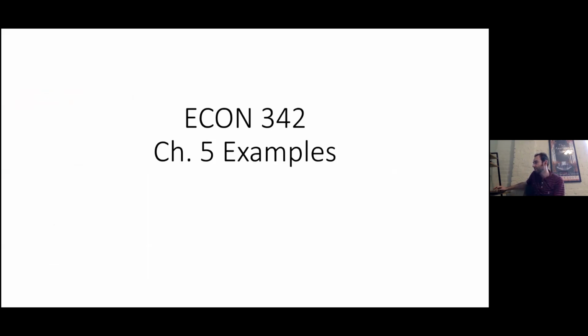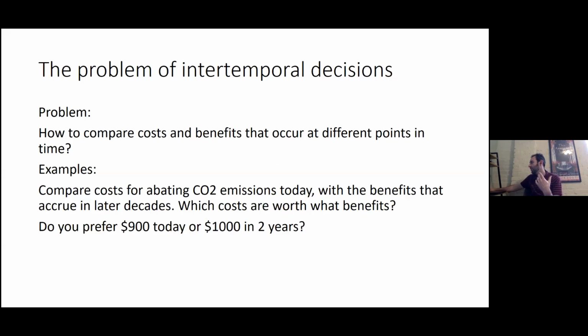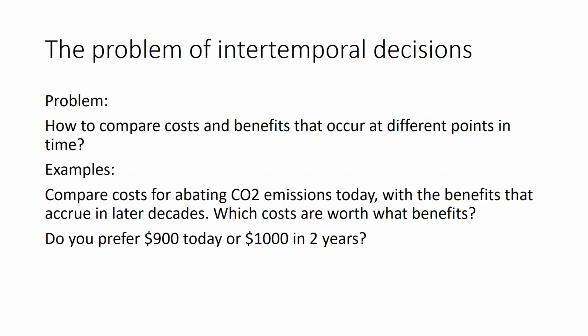So examples from chapter 5, and sort of to bring it full circle, what we're dealing with in these examples is that Econ has a problem with intertemporal decisions, right? In environmental economics, we are going to be comparing costs and benefits that occur at different points in time.